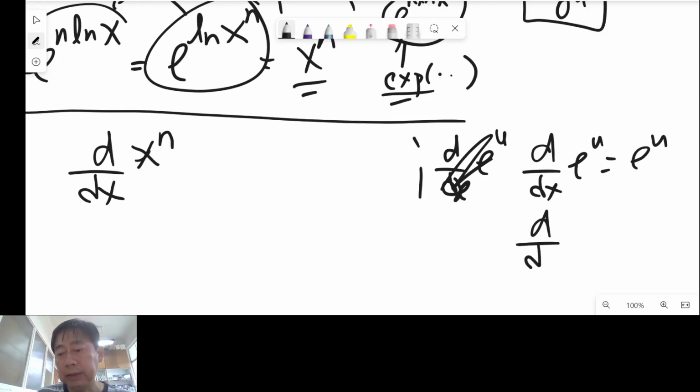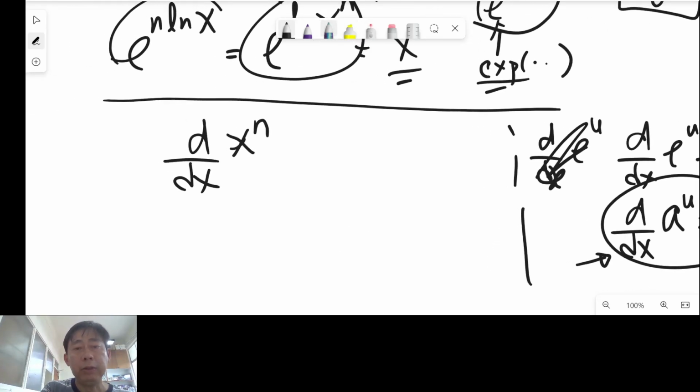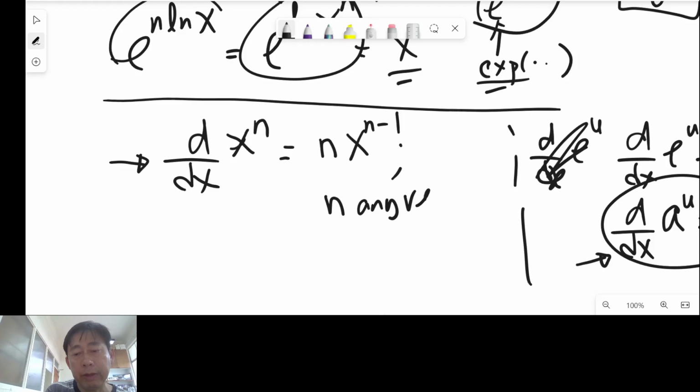But we have not discussed the differentiation of the generalized exponential function. This is actually discussed in more detail in chapter 8. So here we are not going to discuss the differentiation of the generalized exponential function, but instead we are only going to discuss the differentiation of the generalized power function, and it turns out to be just equal to n times x power n minus 1, where n is any real number, which could also be irrational.